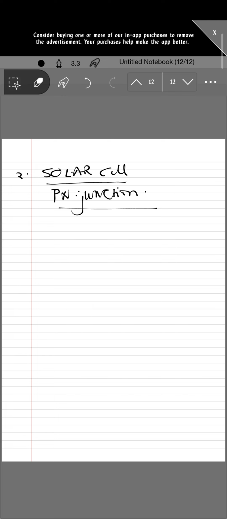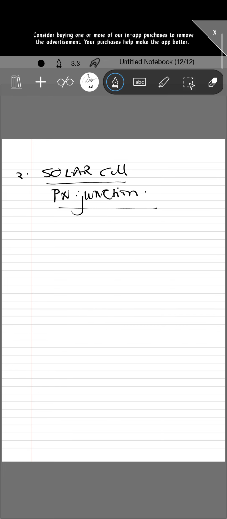If you consider one of its constructions, we have an N-type substrate, and on top of it we have a very thin P region.